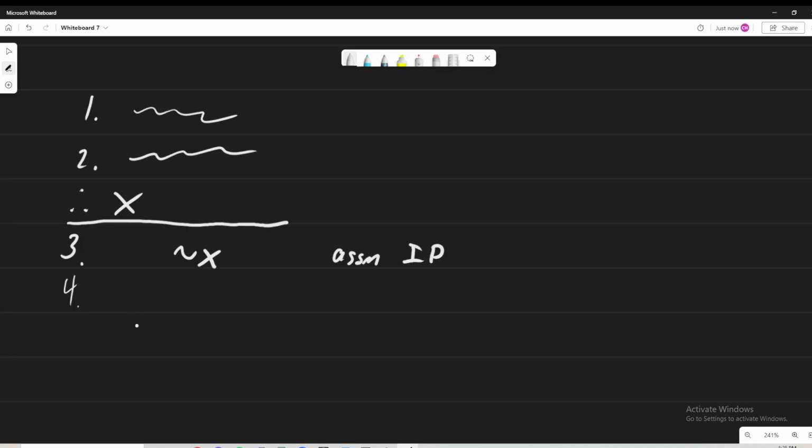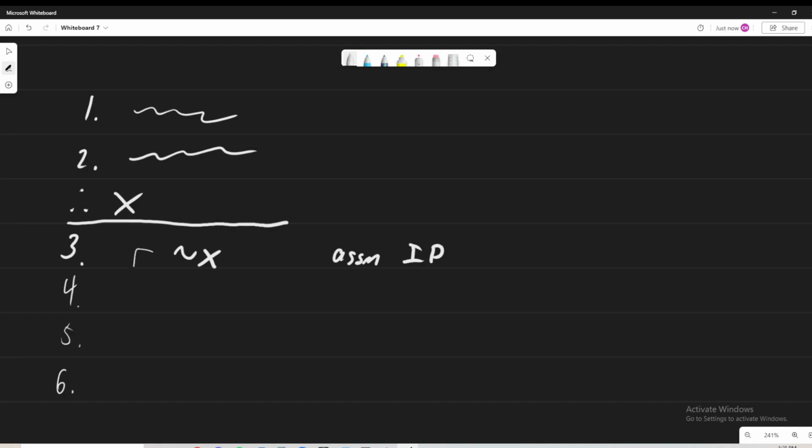Unlike in conditional proof, where we are trying to demonstrate the consequent of the conditional that's in our conclusion, with indirect proof, what we're trying to do is find a contradiction. So we're going to go down. Again, I don't have any premise lines here. This will become more clear in the practice problems we go through.